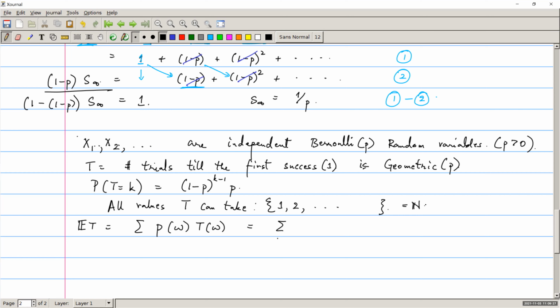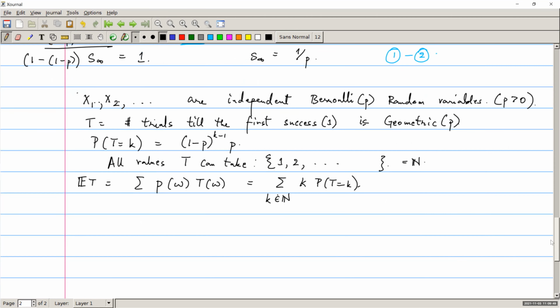Now I sum over every value that t can take. What do I sum over? Let's start the index as k. The value times the probability t equals k. They're both completely equivalent, and in this case you can do it either way. We'll do it this way.